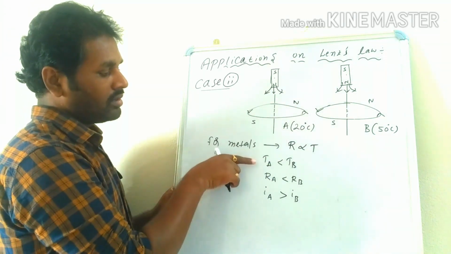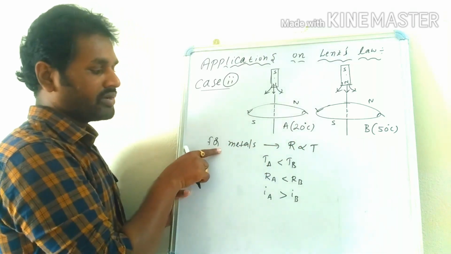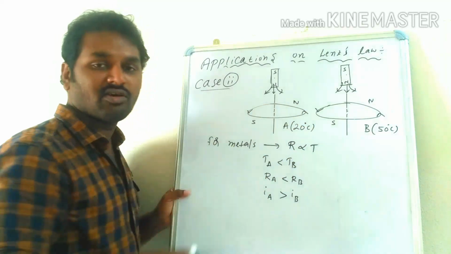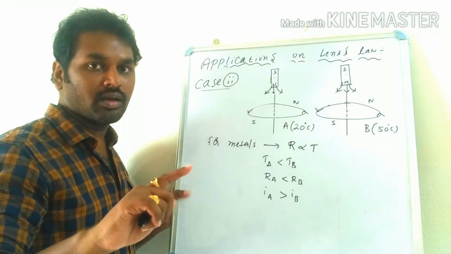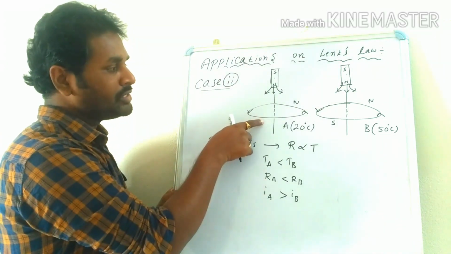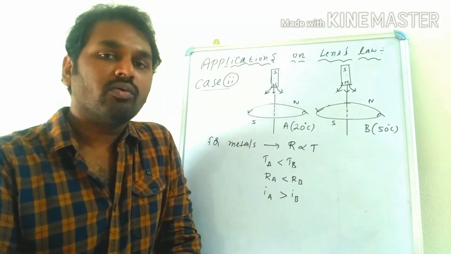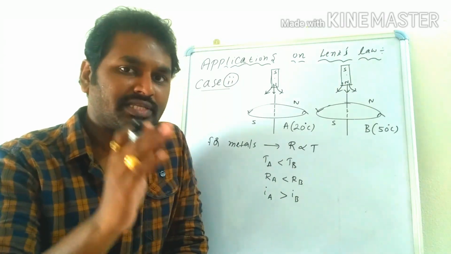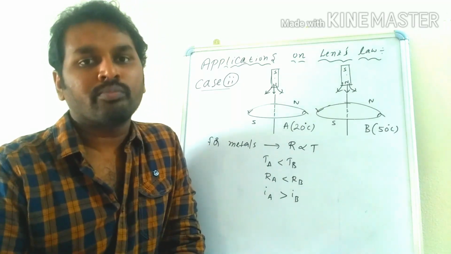So we see the temperature of A is less than B. With this relation for metals, resistance of A is less than the resistance of B. As you know, current and resistance are inversely proportional by Ohm's law. We will get the induced current in coil A more than the induced current in coil B. As the induced current is more, you will get more opposition force on the bar magnet.